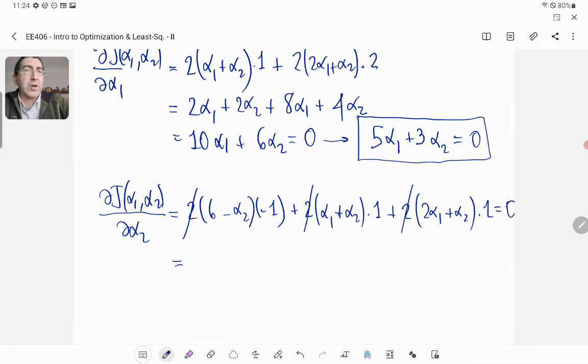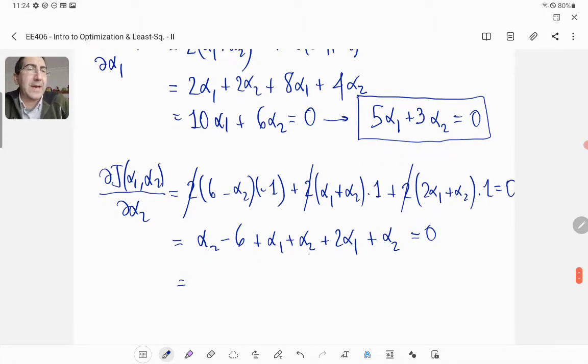All right, so I have alpha 2 minus 6 plus alpha 1 plus alpha 2 plus 2 alpha 1 plus alpha 2 equals 0. So what do I have? I have alpha 1, 2 alpha 1, 3 alpha 1, plus 3 alpha 2 is equal to 6.